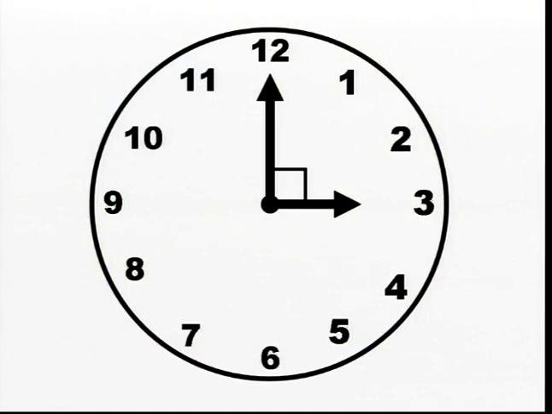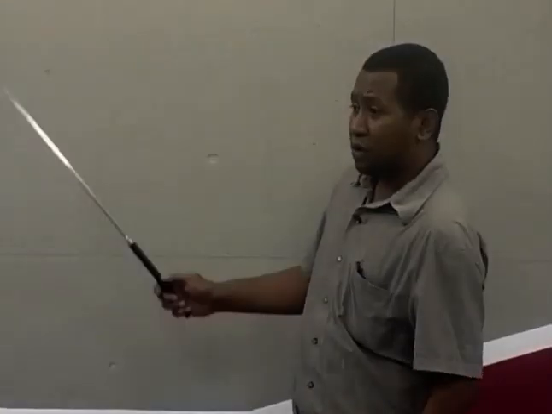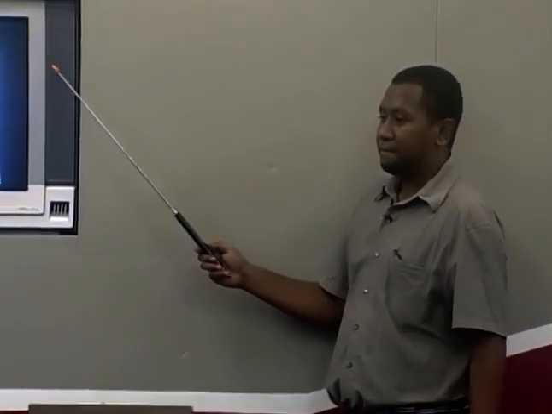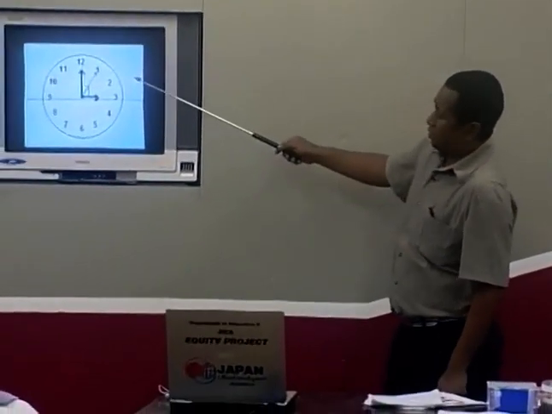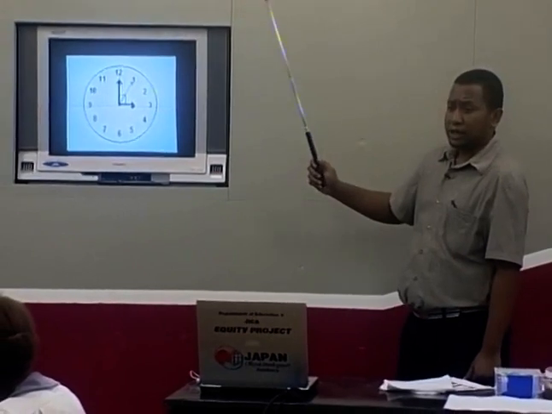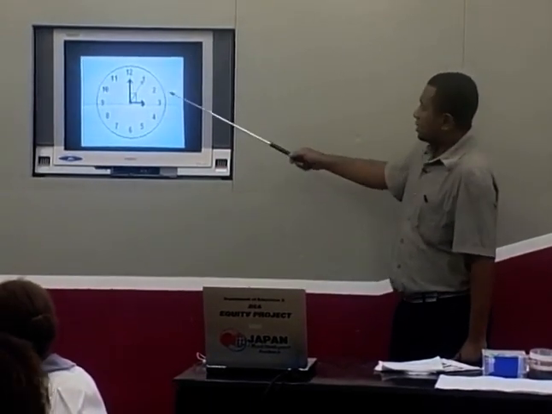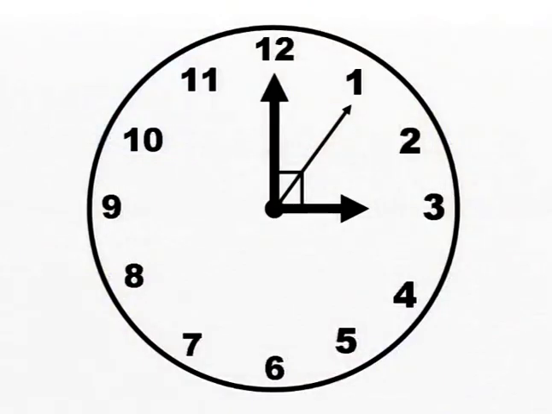Now, class, I have another clock face, and on this clock face, you're going to see a small thin hand here. Can somebody tell us the name of this small thin hand of the clock? Hands up. Celia.